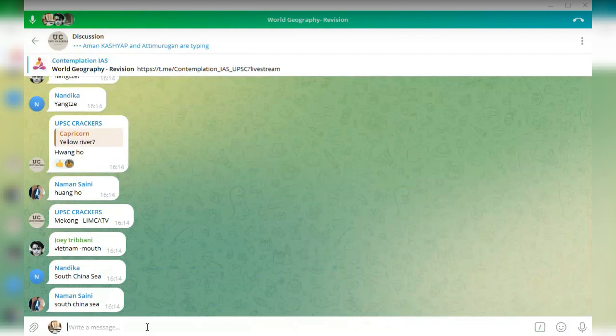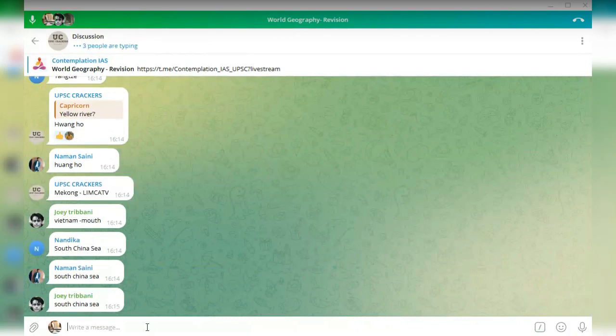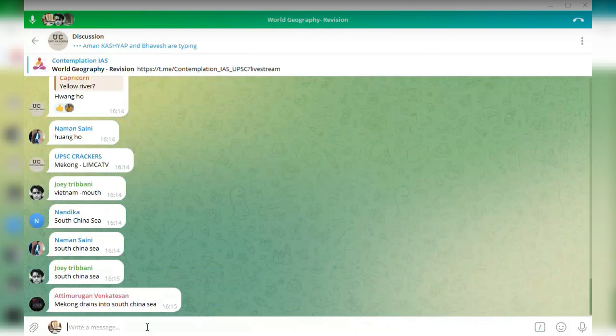Exactly, correct. And the Indian rivers, for example Brahmaputra or Indus or Ganga, we will discuss while we discuss the geography. We are not supposed to discuss it here, hence I'm not discussing it, but we will discuss it for sure in the coming days.